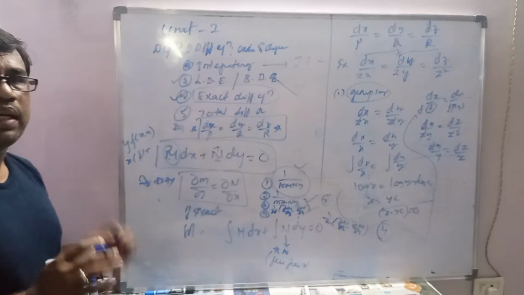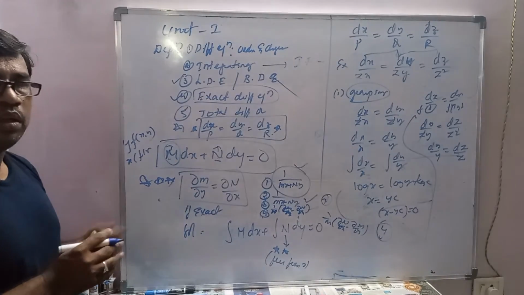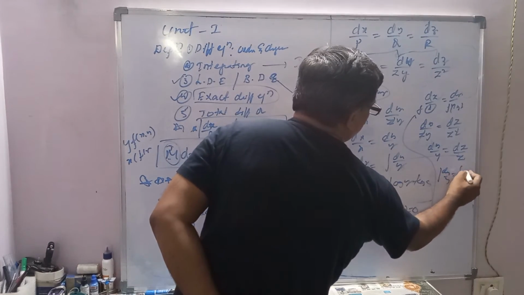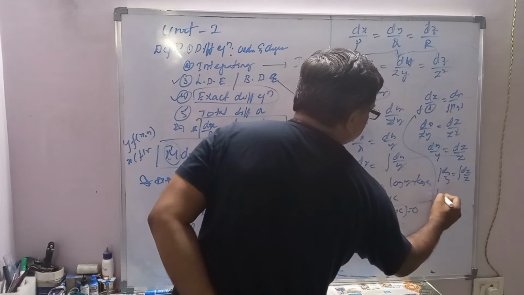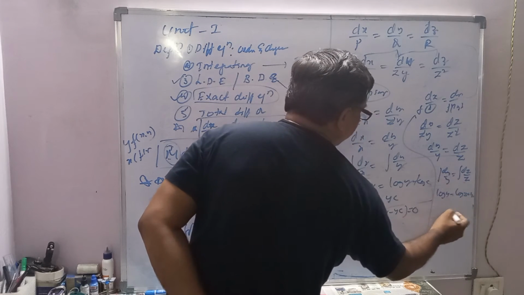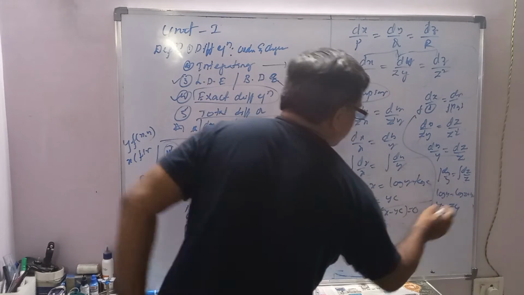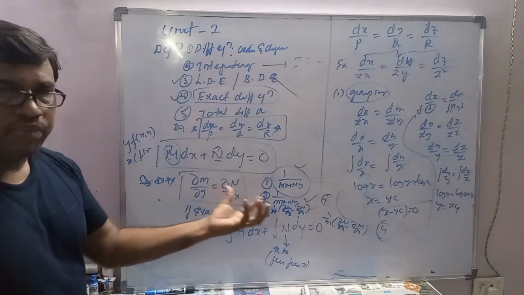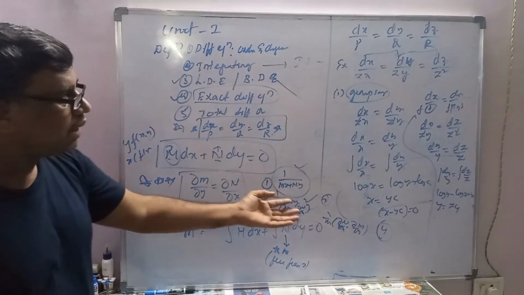Again, those two contain y and z terms only. Then we can integrate it. Integration of dy by y is equal to integration of dz by z. Here log y is equal to log z plus log c. Here y is equal to zc. That is the solution.